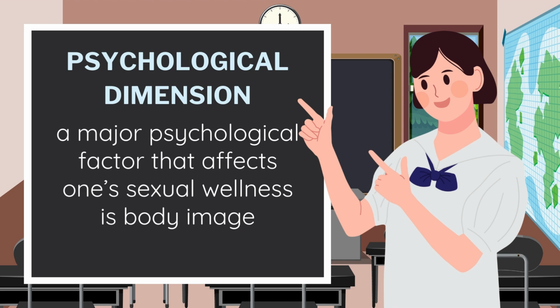Persons with a positive body image and a sound mind usually enjoy their sexuality and have good social relationships with others, and persons with negative body image and insecurity end up being unhappy and failing in sexual relationships.